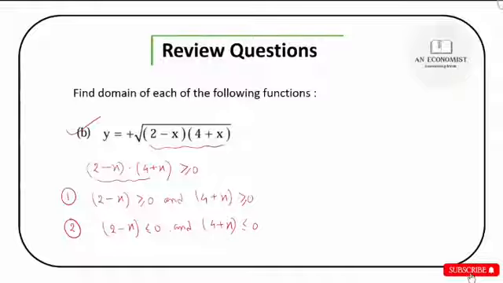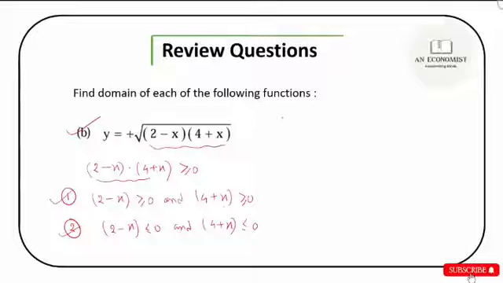So if this is positive, then the product will also be greater than or equal to 0. Again, if this is negative and this thing is also negative, minus minus will also make it greater than or equal to 0. So we need to consider each case separately, right?